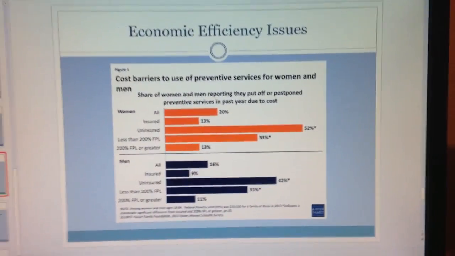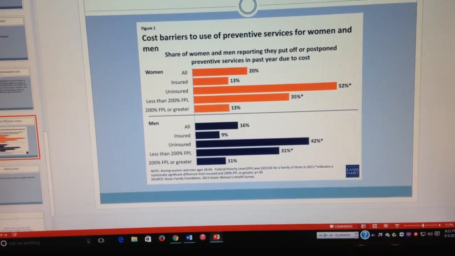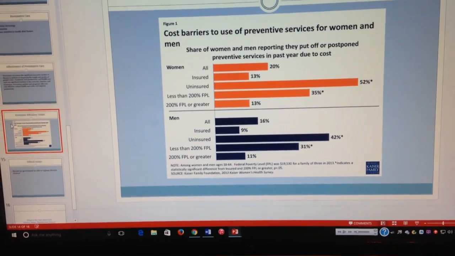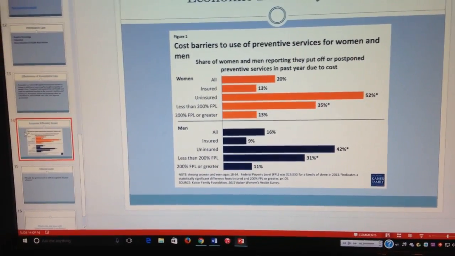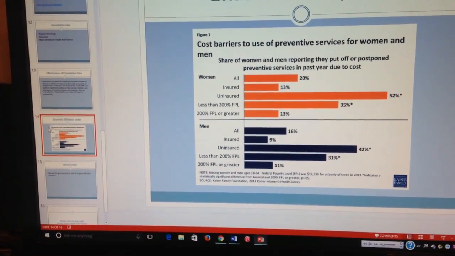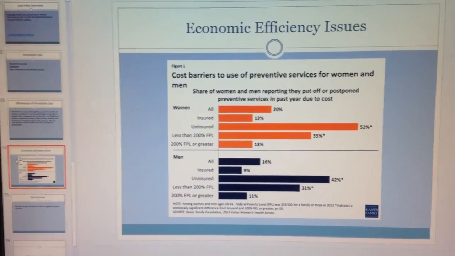So prevention is also known to increase productivity. So indirect costs to employers of employee poor health, so lower productivity, higher rates of disability, higher rates of injury, and more workers' compensation claims, can be 2 to 3 times the cost of direct medical expenses.